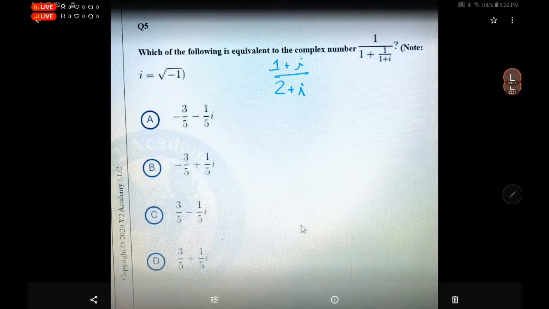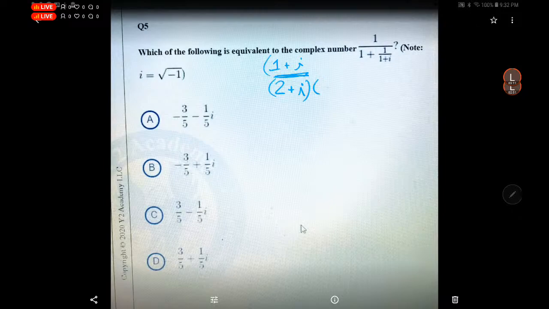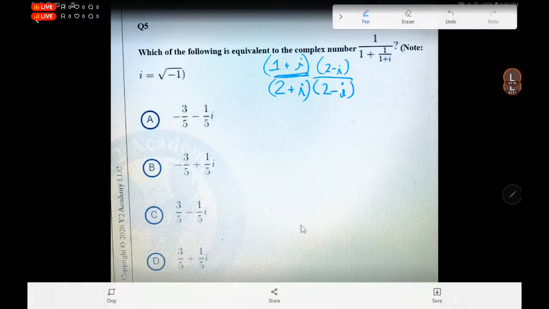To get rid of the imaginary part in the denominator, we multiply both the numerator and denominator by what's called the complex conjugate of the denominator: same numbers, but the opposite sign. We'll get to the numerator later. The denominator is in the form 2 plus something times 2 minus something.